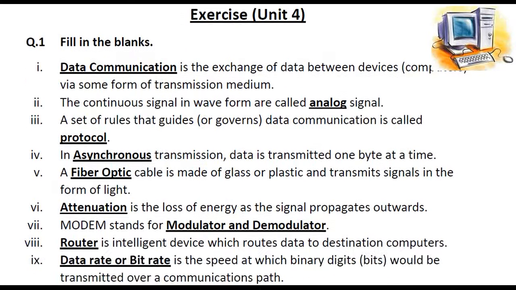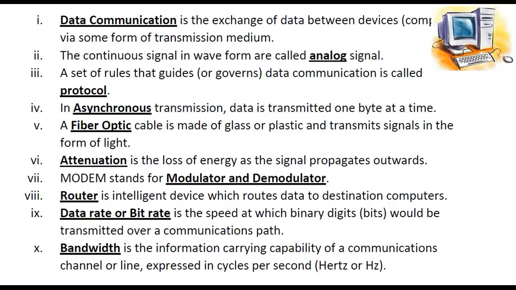Fourth fill in the blank is in dash transmission, data is transmitted 1 byte at a time. So the correct option is in asynchronous transmission, data is transmitted 1 byte at a time. So in asynchronous transmission, the time interval between consecutive bytes of data is irregular, so that's why it is called asynchronous transmission.